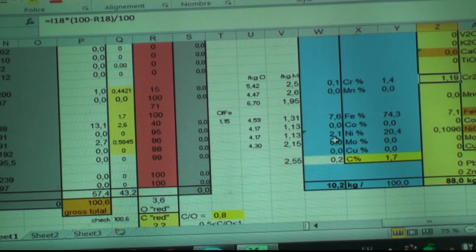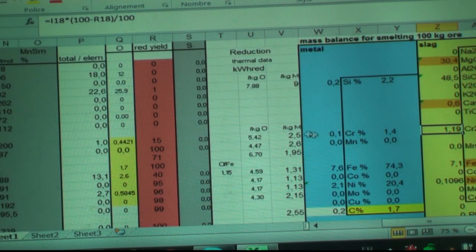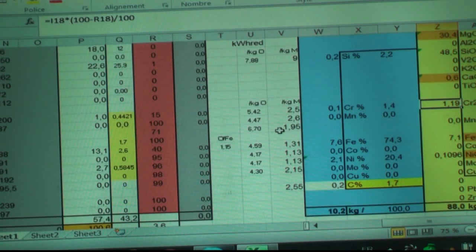In that case, how can we know if the reduction yield for chromium is correct? In this case, you have to decide and find similar cases where the reducing conditions are comparable, meaning the reducing conditions are, for instance, FeO in the slag.